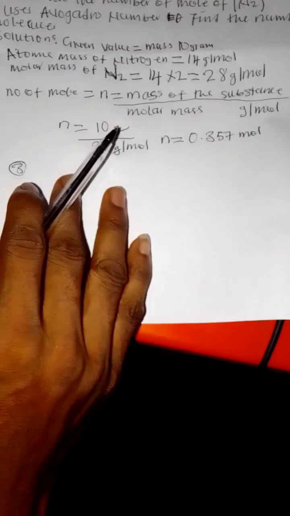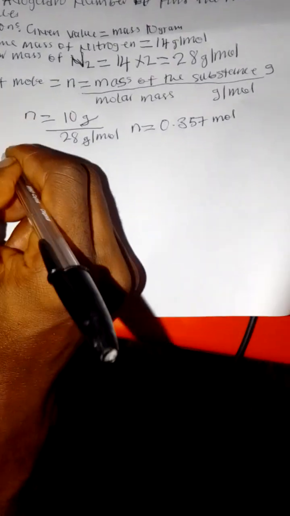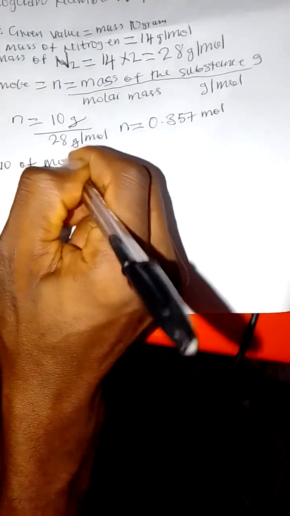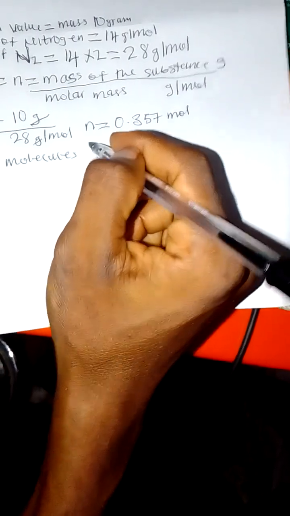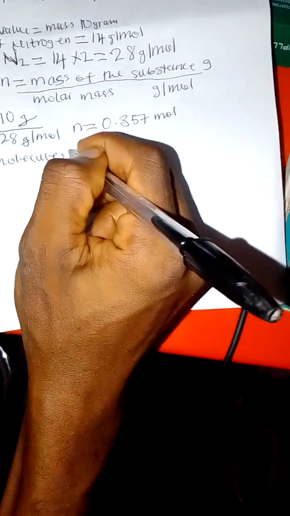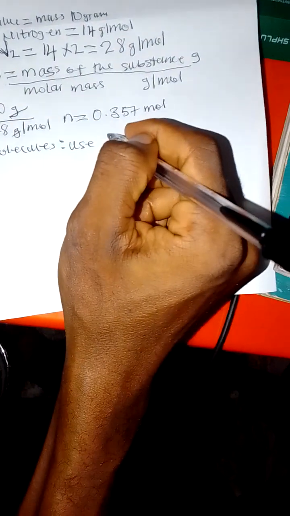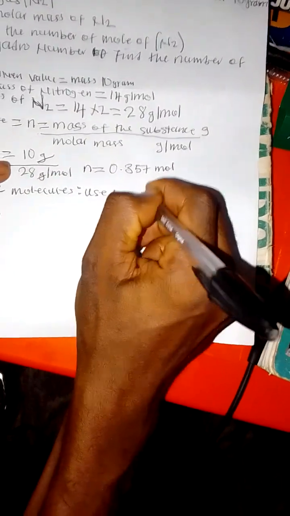Whenever you hear somebody saying number of molecules, the first thing that should come to your mind is that for calculating the number of molecules, you need to use Avogadro's number.